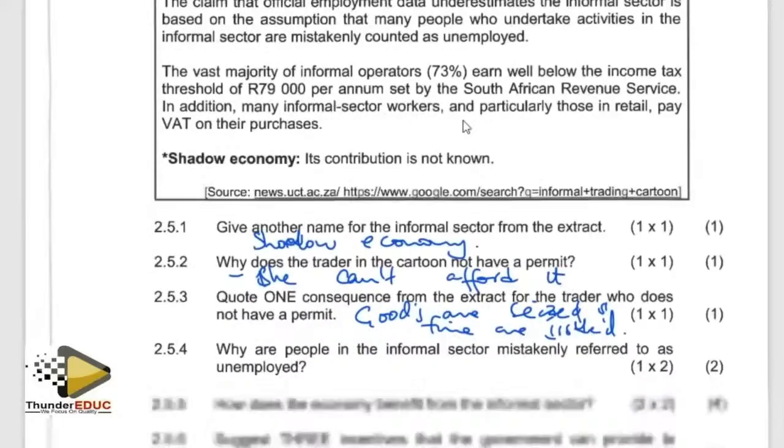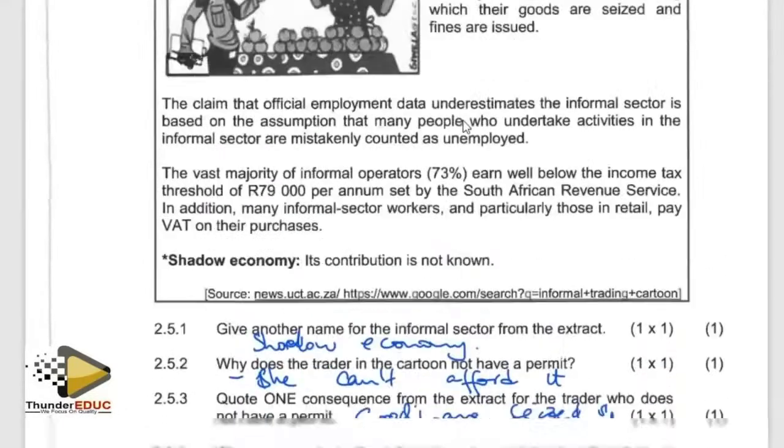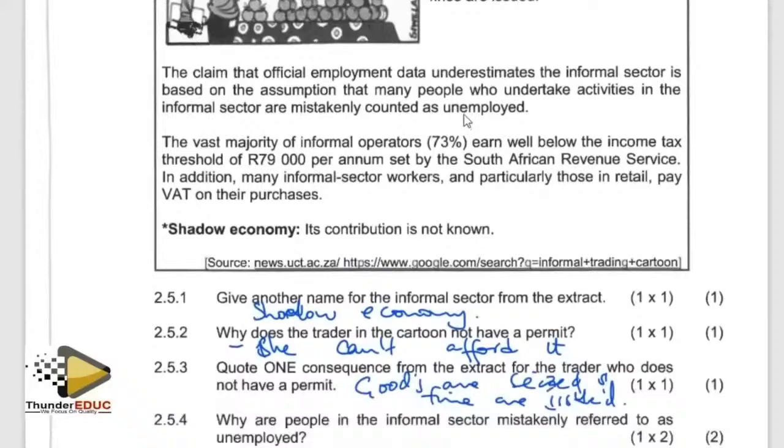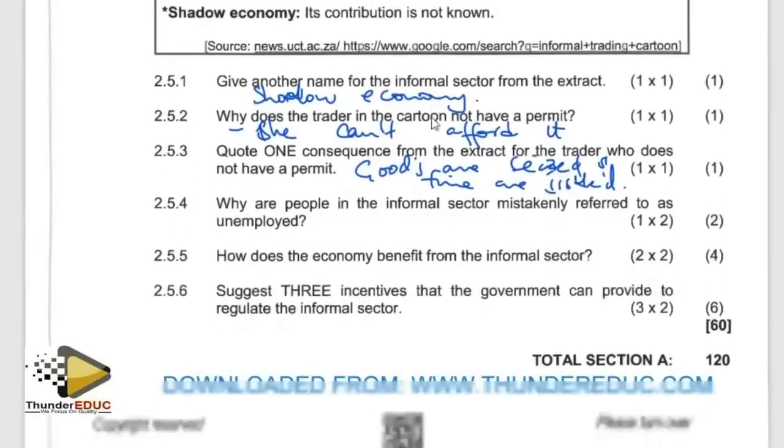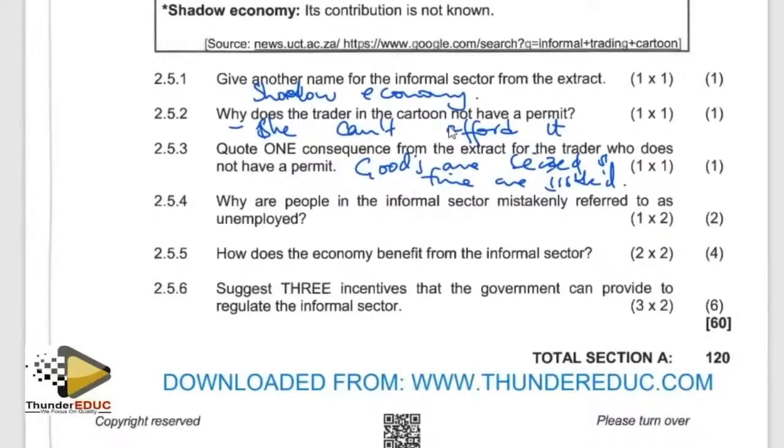So that means there's no proper data, because the official employment data underestimates them.